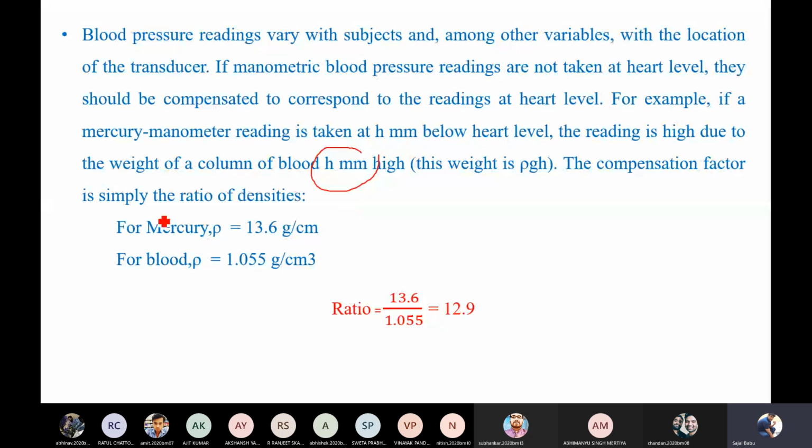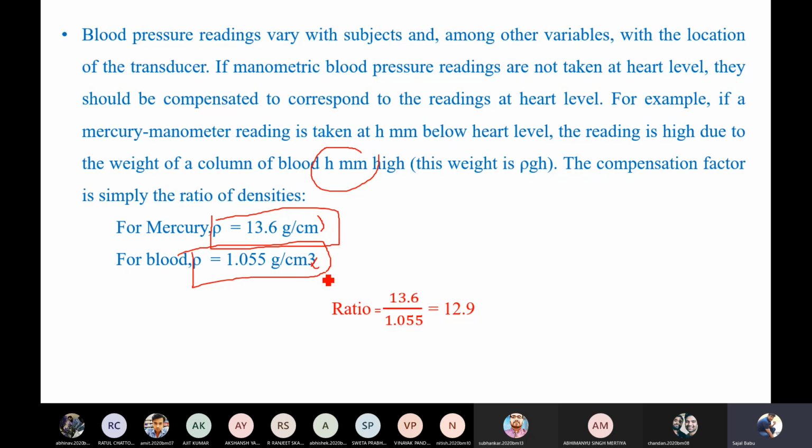So how are we going to calculate this? Normally in an analog sphygmomanometer you have mercury, so you take the density of mercury, 13.6 gram per centimeter cube, and the density of blood, 1.055 gram per centimeter cube.